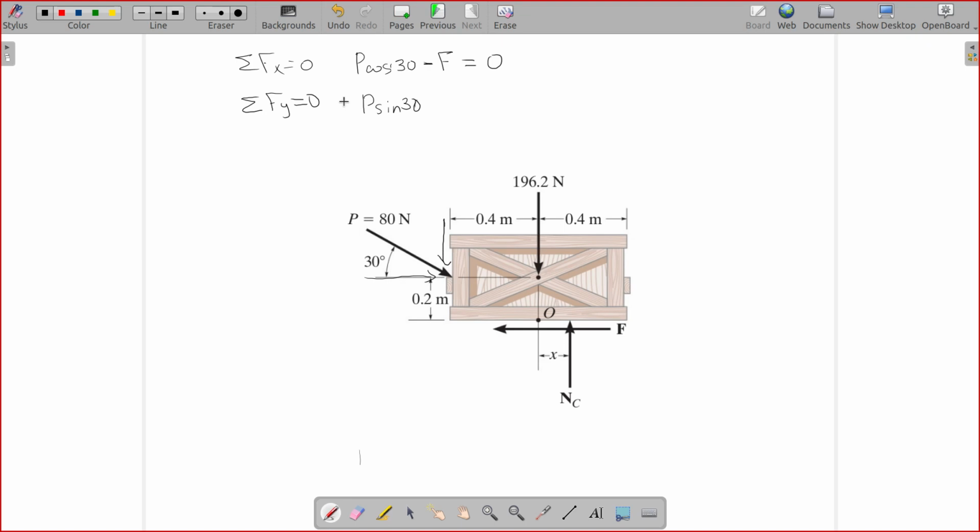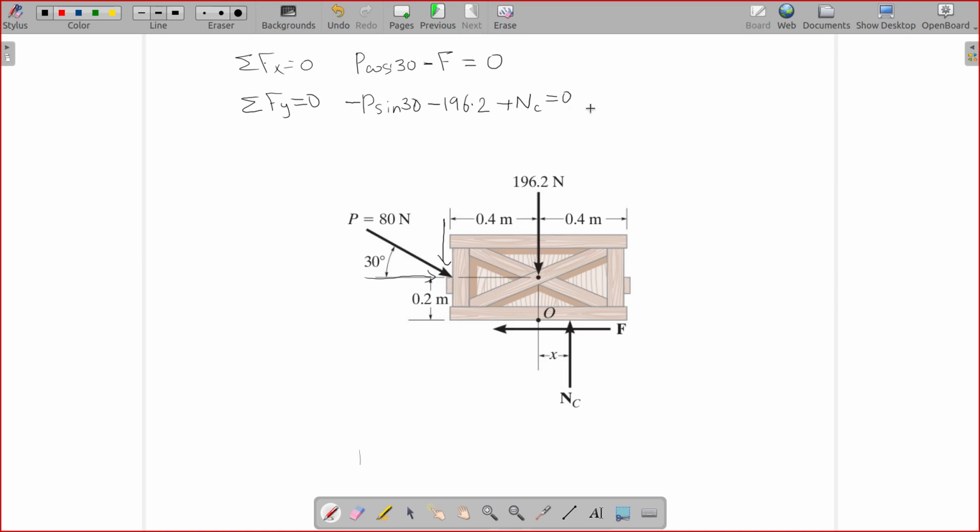So that should be negative. And 196.2 is completely vertical and also downwards, so that is also negative. F is completely horizontal, so we don't need to worry about a vertical component. NC is completely vertical and upwards. Upwards means positive, plus NC is equal to 0.